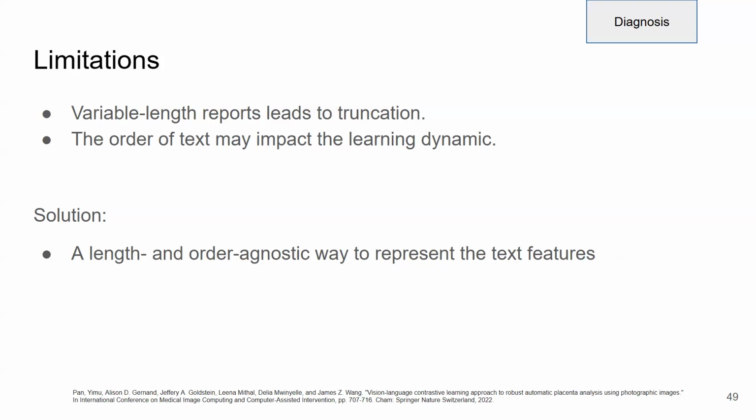And second, if you encode the text in a different order, because your text encoder is usually a transformer, it has a positional encoding. The order of the text actually matters. So we don't want that to affect the performance. The solution is we need a dense and order agnostic way to represent the text feature.